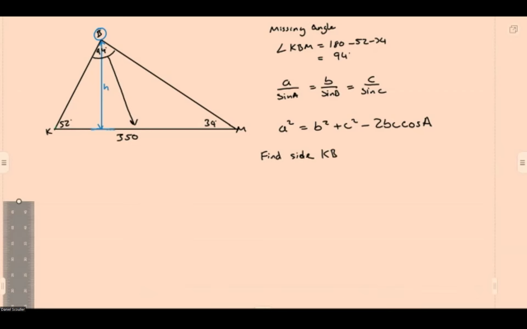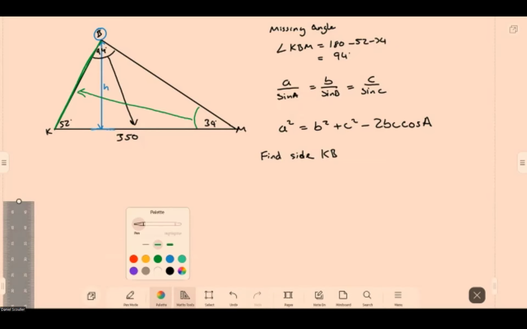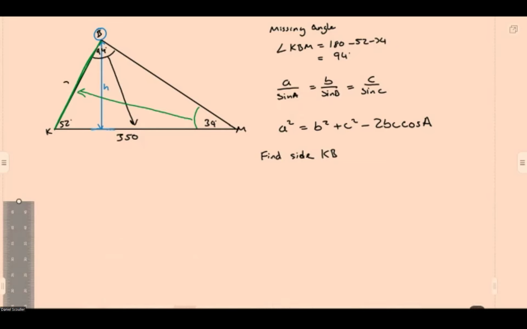We find side KB. That side is opposite 34 degrees, and we've got an angle opposite a known side as well, so we can use the sine rule. We'll call that side x, and x over sine 34 is equal to 350 over the sine of the angle across from that, which is 94.